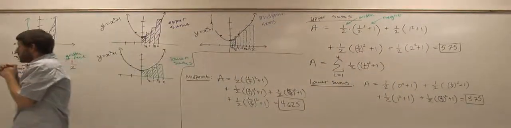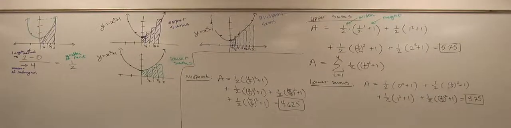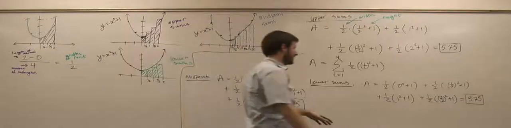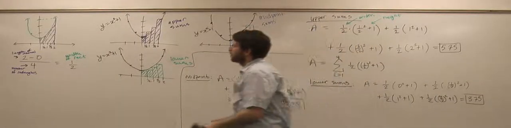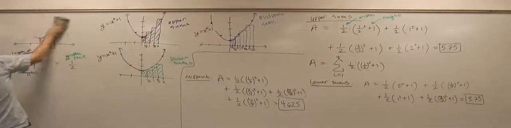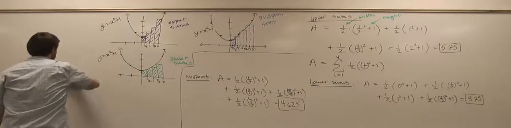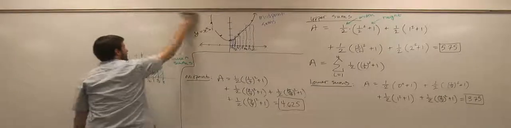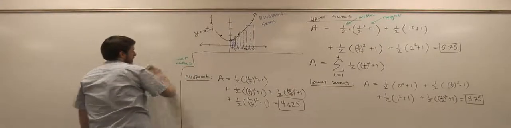That's how you approximate the area under a curve. Questions? As long as you draw a decent picture, I think it's pretty easy. To tell the difference between upper and lower sums, it's best to have a picture.